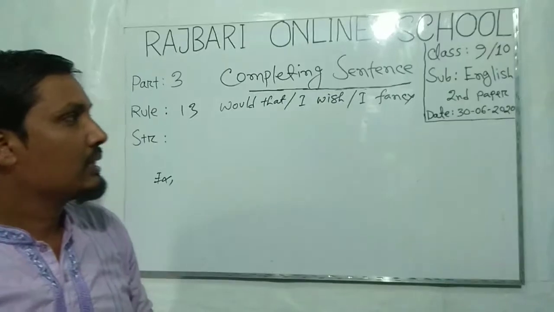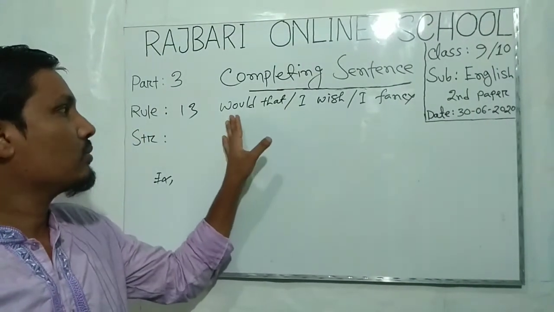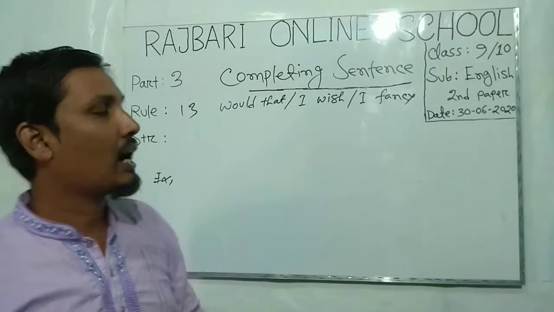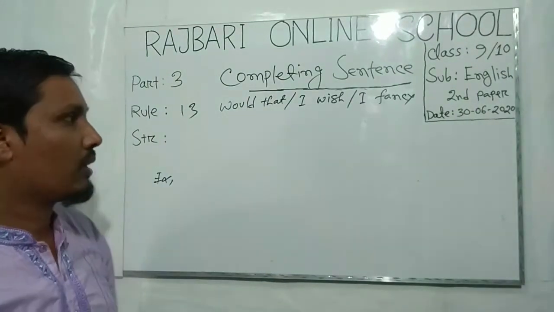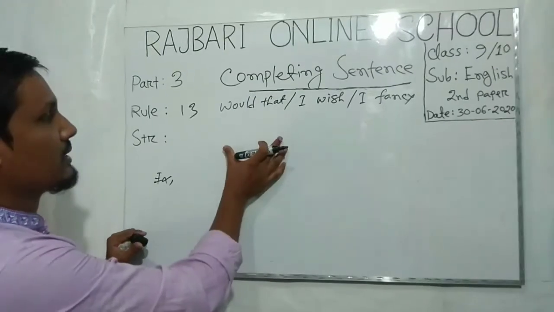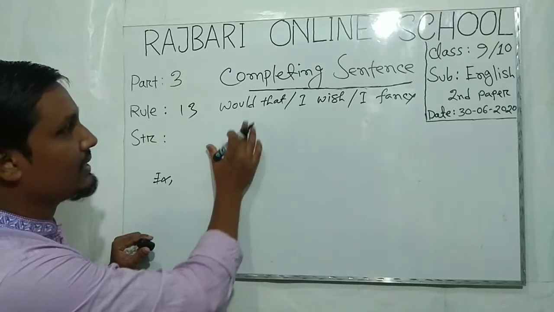If you see the starting of a sentence with these words, that is would that, I wish, I fancy, you have to follow one rule. Before starting the complete sentence, you will see this word.